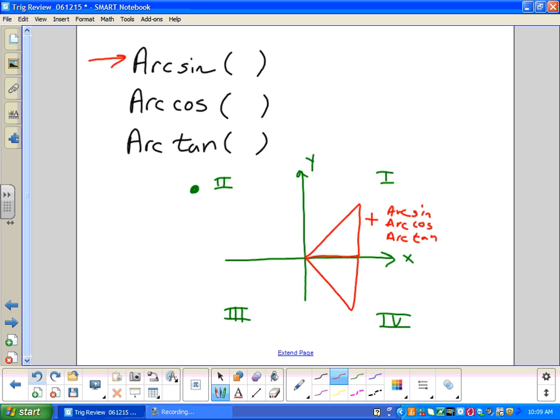That's our positive cases. And if I do the negative cases, maybe in blue, two of them are here, arcsine and arctangent. And that just leaves one, arccosine, to be negative over here. And that's just asking for one answer. And your calculator will give it to you this way, in negative cases.